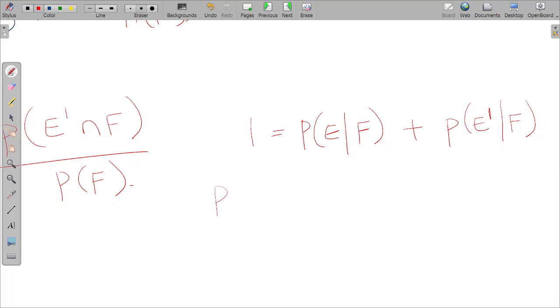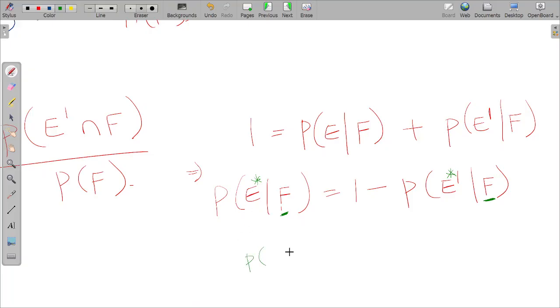That implies the probability of E given F is equal to 1 minus the probability of E complement given F. This is only for the event we are finding the probability of. Don't forget we are finding the probability of E, and so the complement of it works, but the given one is the event itself. Please don't forget that.